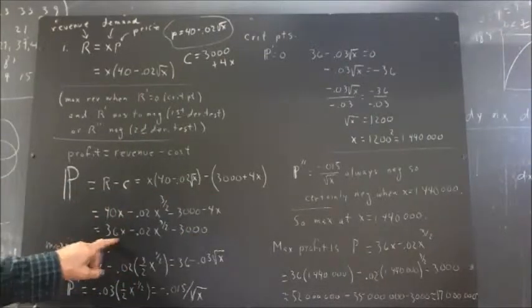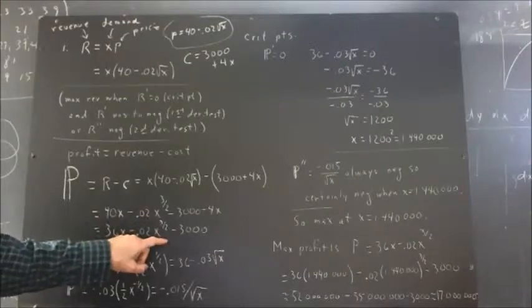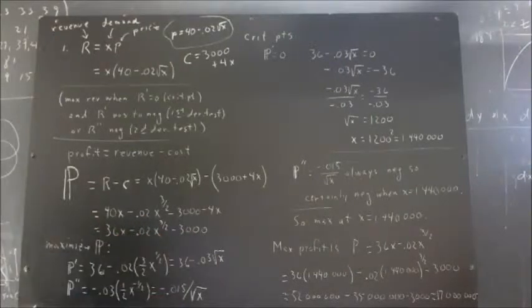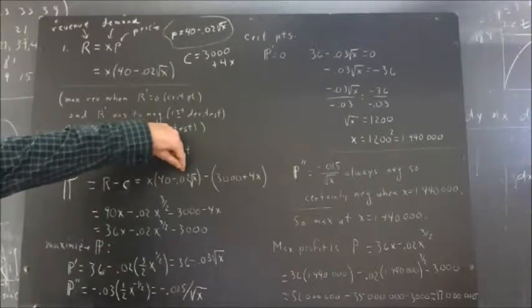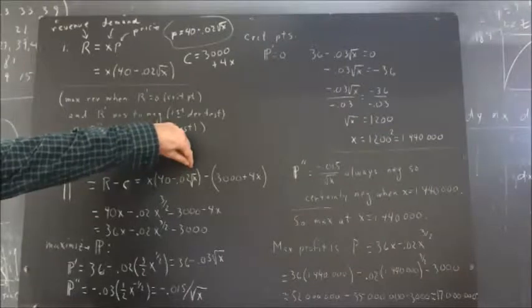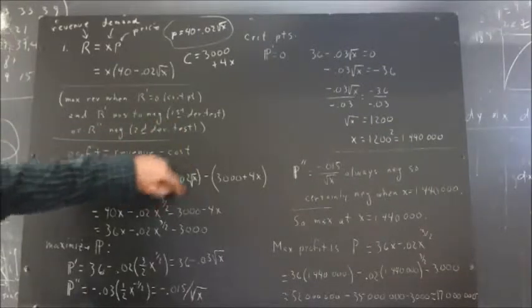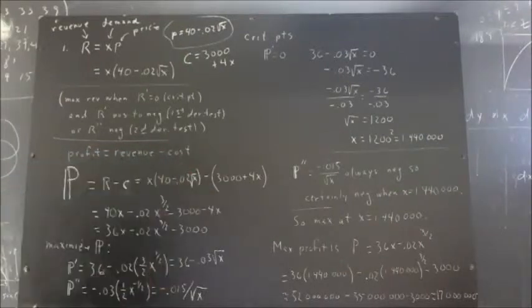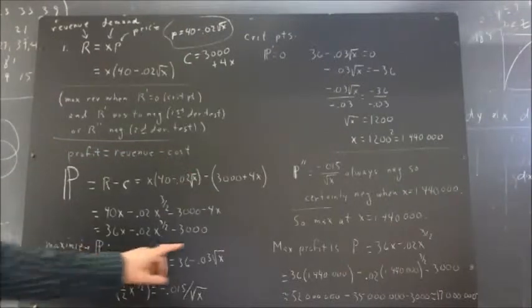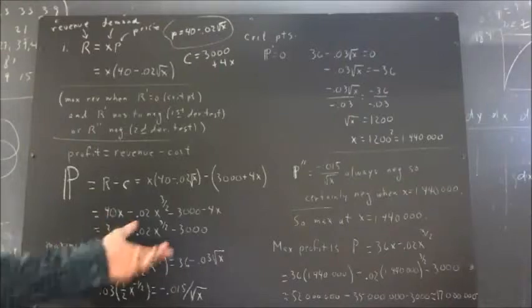We get 36x minus 0.02x to the 3 halves minus 3,000, and the simplification is very straightforward. We simply multiply through by x here, getting 40x minus 0.02x to the 3 halves, and then we subtract this whole quantity, negative 3,000 and a negative 4x. So we get this, and we want to maximize this.